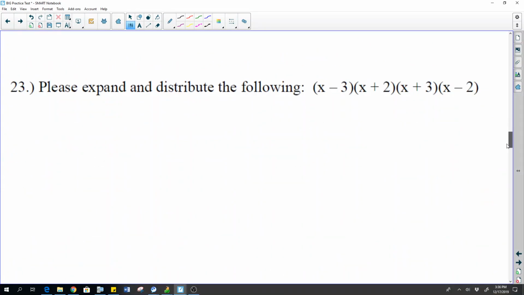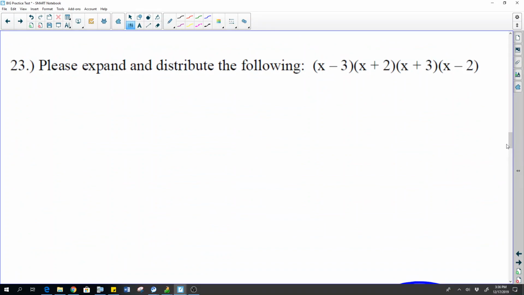So number 23. Not quite Pascal's, so keep looking to see if we can find Pascal's, but we'll show you 23. So you're multiplying it all out, kind of like Pascal's, but this is more of a pattern I noticed. So (x - 3)(x + 3), if you multiply that out, that actually comes from that special thing called the difference of squares.